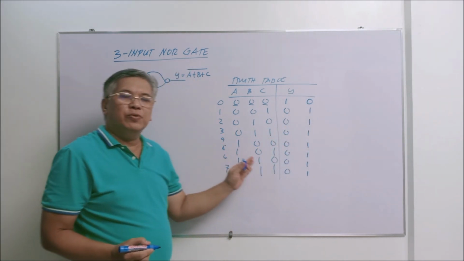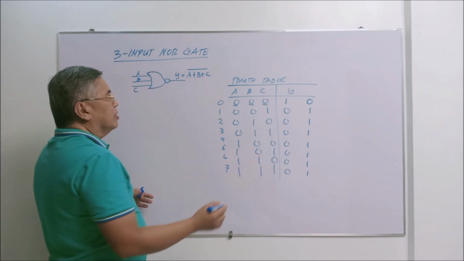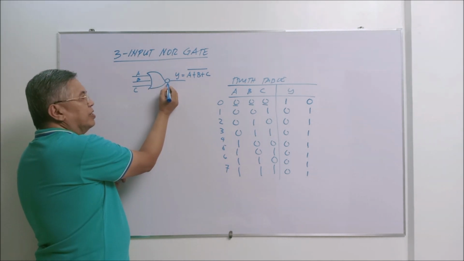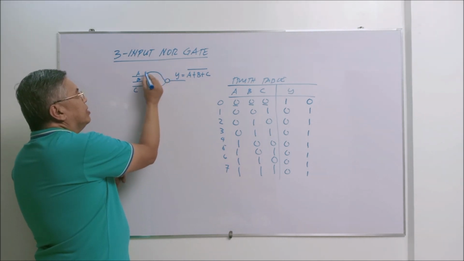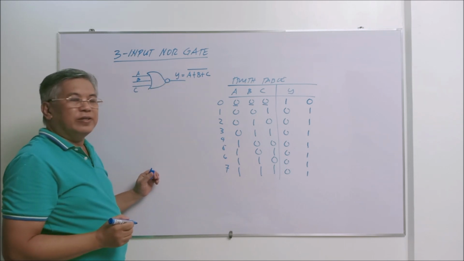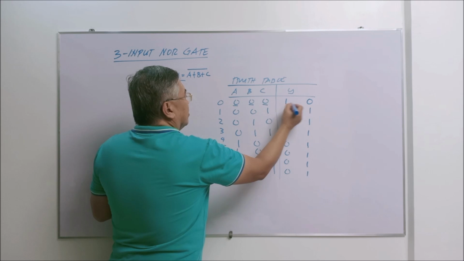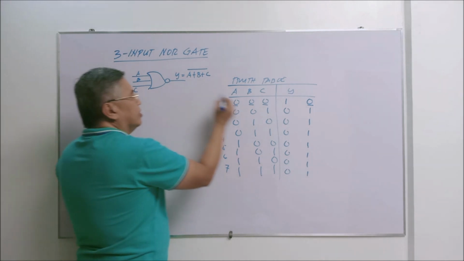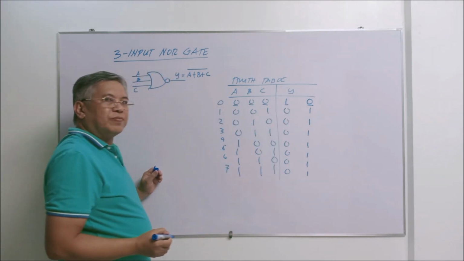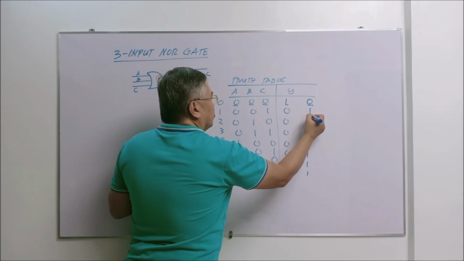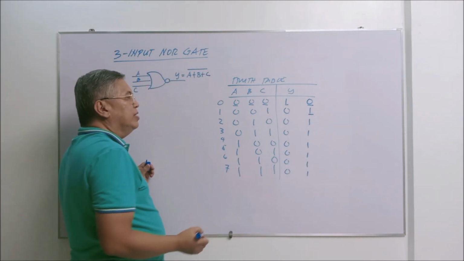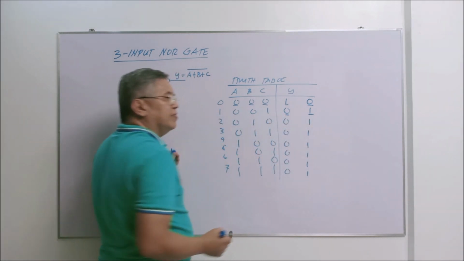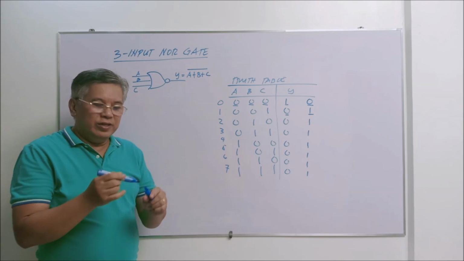That is the output of the OR gate. Once it passes through an inverter, whatever is the output of your OR gate will be inverted. So, for example, if the output of your OR gate is 0, once it passes through an inverter, it becomes 1. If the output of your OR gate is 1, once it passes through the inverter, it becomes 0, and so on. So that is how the NOR gate operates.